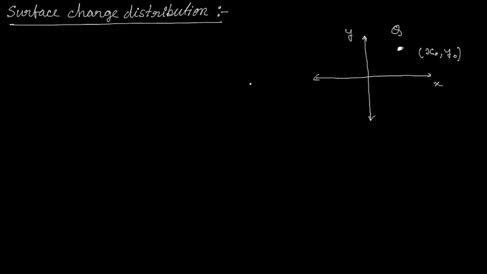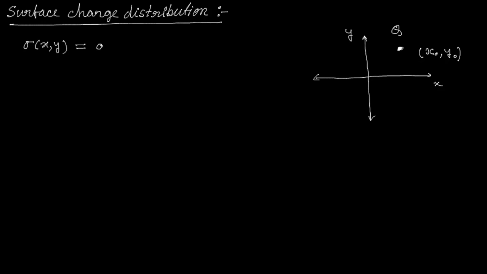Now we can represent this using the Dirac delta function. In this case, we have to use the two-dimensional Dirac delta function. So using the two-dimensional Dirac delta function, we can represent this charge as a surface charge. We have placed the charge in the xy plane, so it will be a function of x and y, sigma of x, y, equals, how can we write this point charge as a surface charge?